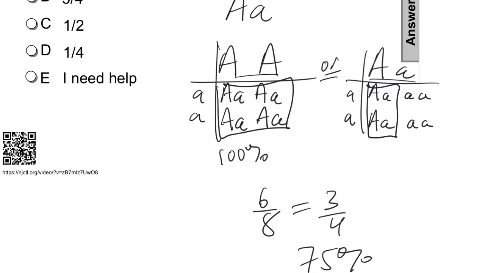Actually, it would be only 50% if the affected parent was big A, little a. So either 100% or 50%, or take the average of those, 75%.